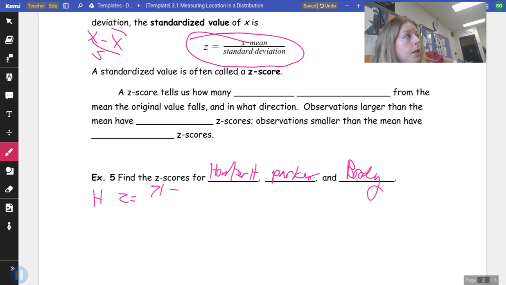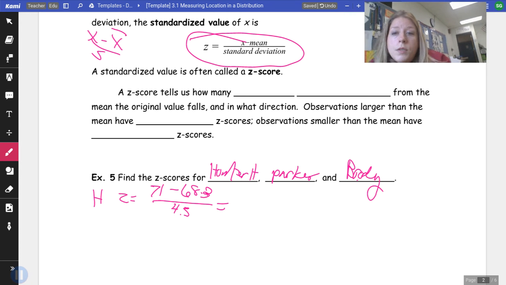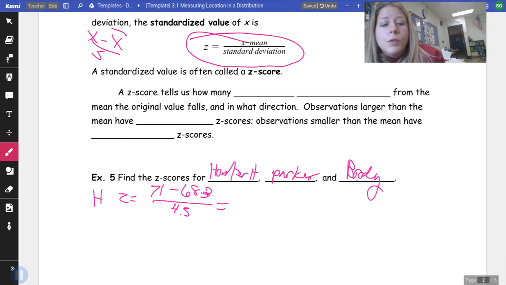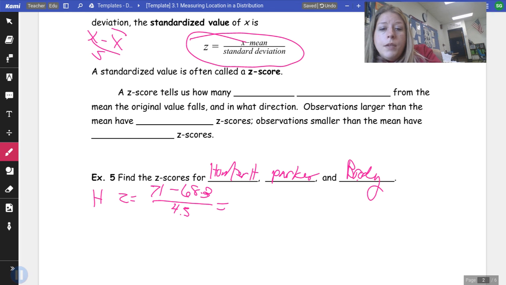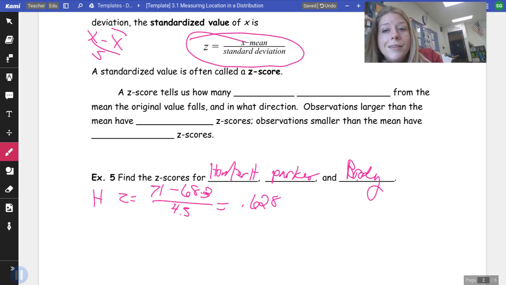Then we subtracted the mean, which we rounded to 68.3, and then divided by the standard deviation, which we rounded to 4.3. Make sure you do the subtraction first and hit enter before you start dividing, otherwise it won't work right. So his came out as 0.628. So he is less than 1 standard deviation above the mean.